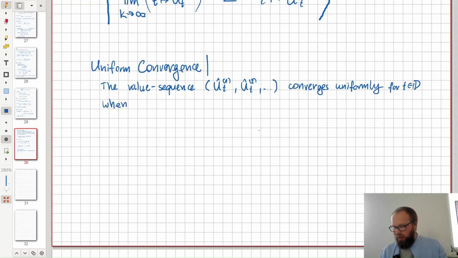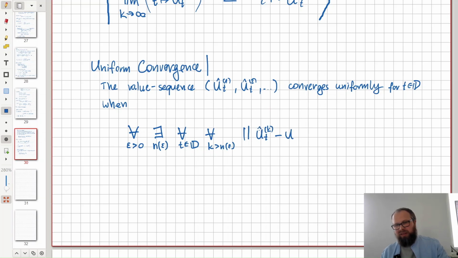When, and let's just stick to our nice quantifiers: for all epsilons, so for any accuracy goal, there exists a threshold such that for all t in the domain and all k greater than the threshold, the error is bounded.